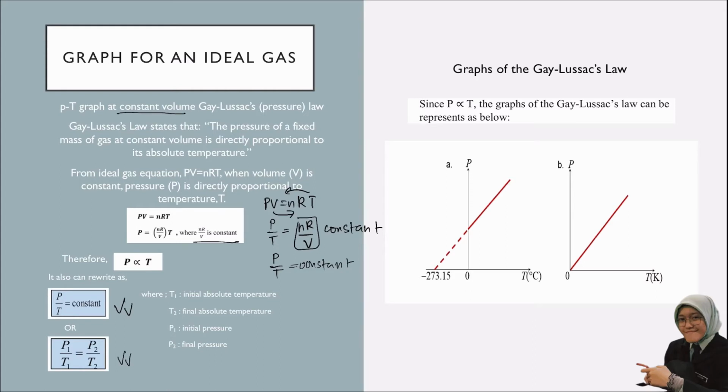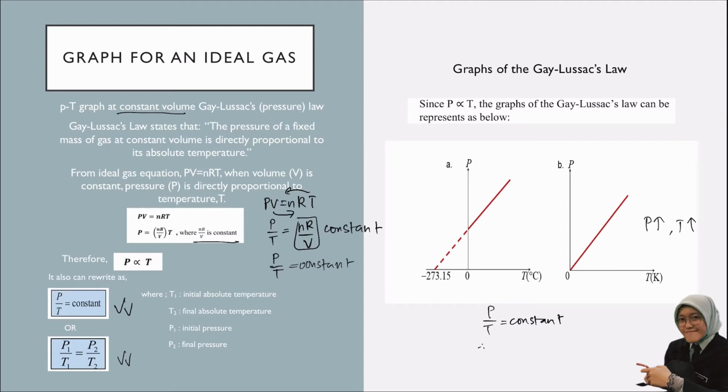So let's look at the graph of Gay-Lussac's law. Since P is directly proportional to T, the graph of Gay-Lussac's law can be represented as below. So let's look at the graph of P. Since P is increased, then T will also increase. So we know P over T is constant.